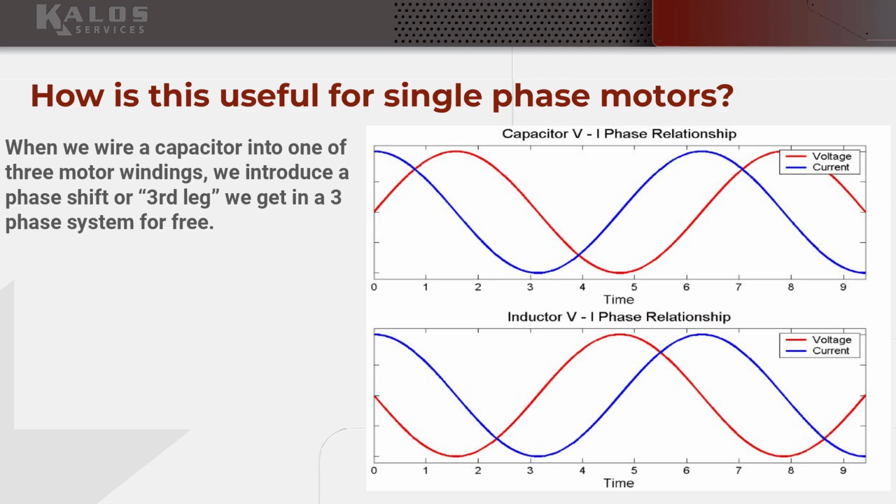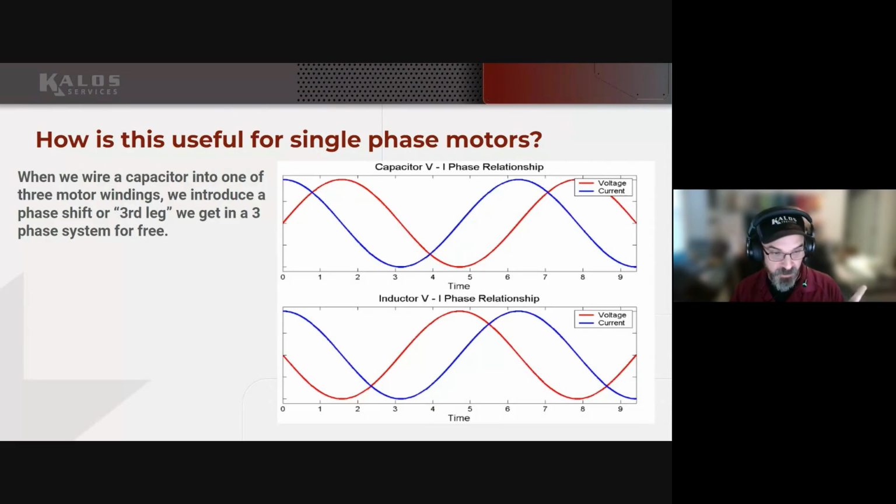Cool. So how is this useful in single phase motors? In a single phase motor, we introduce a capacitor into the circuit, whereas with a three-phase motor, you're just providing the utility power directly to the motor. With a single phase motor, we introduce a capacitor into one of the windings on that motor. We talked earlier that with our single phase, if it's 120 volts, then we're doing split phase, right?